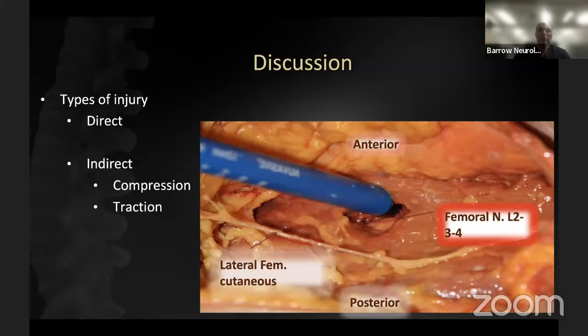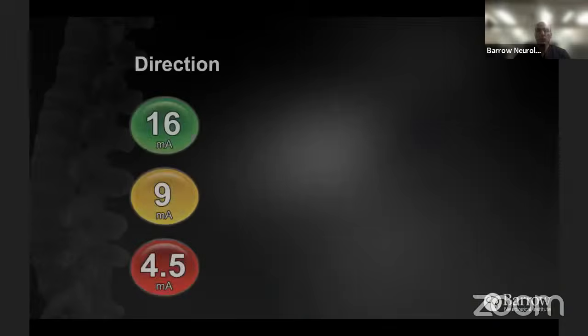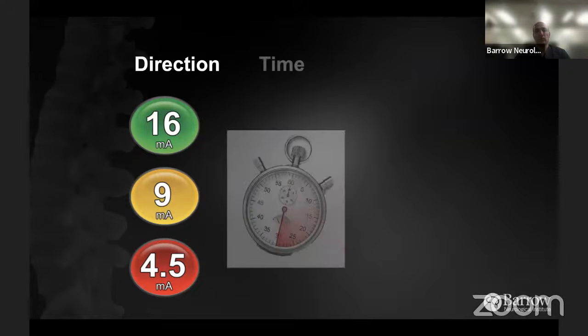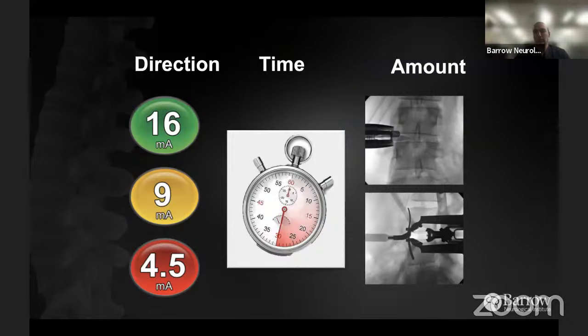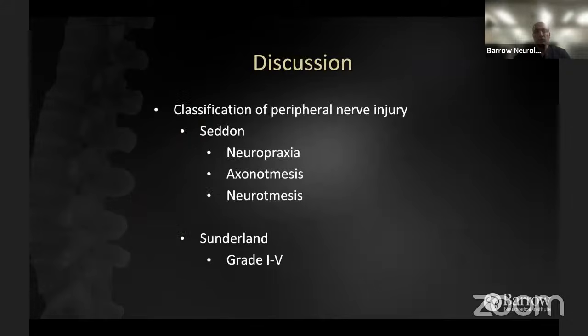The authors also briefly mention the different mechanisms of injury, which are related to the direction, time of retraction, and amount of retraction that is used during surgery, that affect the extent of peripheral nerve injury.